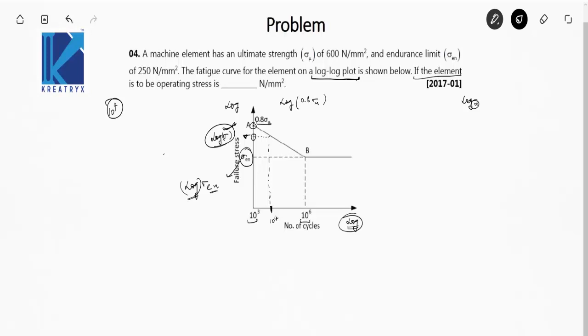So let's take this smaller triangle and this bigger triangle. These are similar triangles.